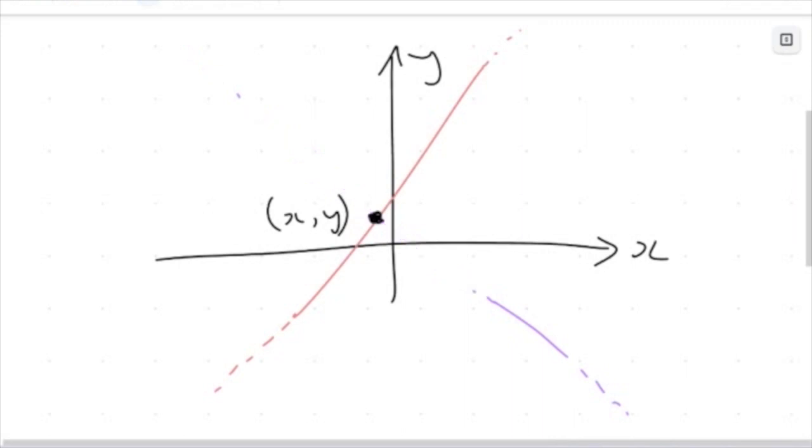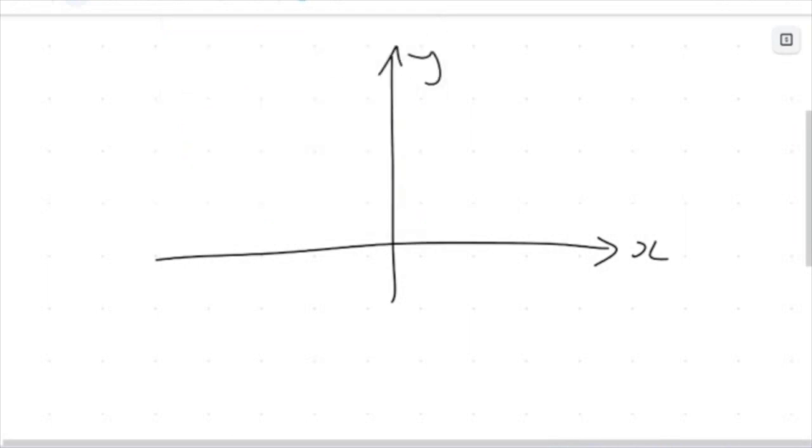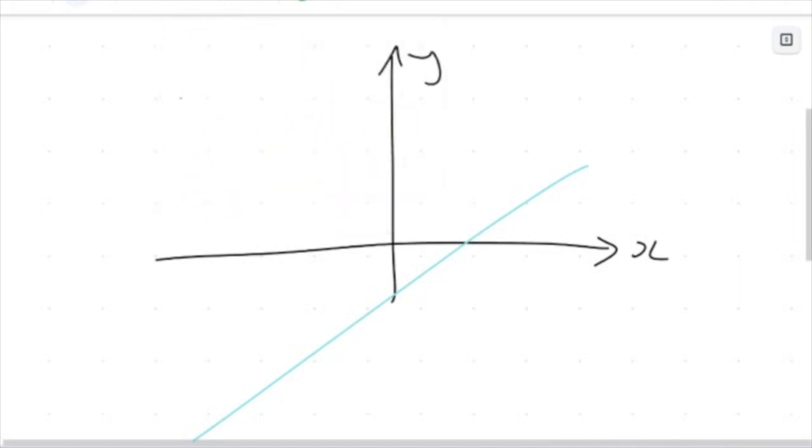Now, let's consider other lines in another orientation. Let's say one that goes like this, and some other line starting up here. We keep drawing that down all the way through.